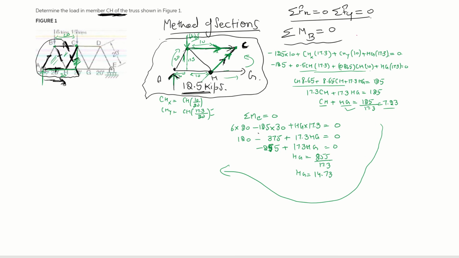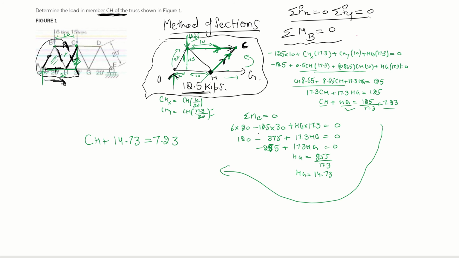So CH plus 14.73, this is a positive value, equal to 7.23.